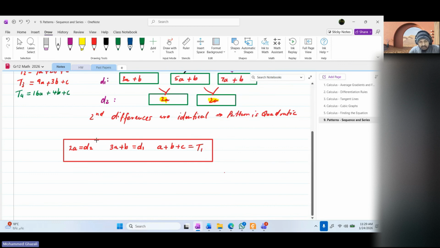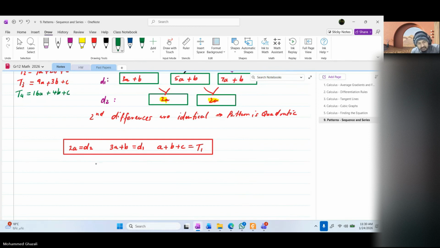They were proved, so you had to go and basically prove them. Those are the three formulas that you need to know. And that's how you get Tn is equal to an squared plus bn plus c. That's how you get the formulas.